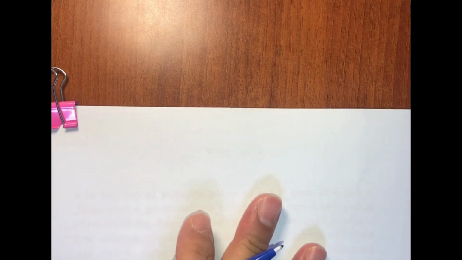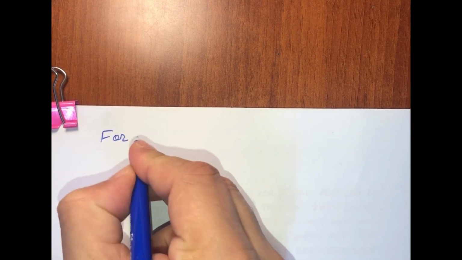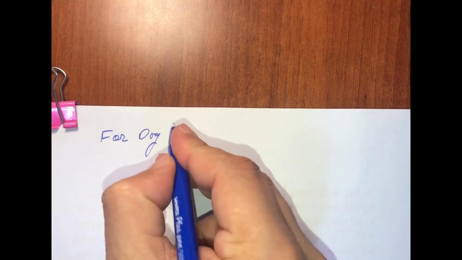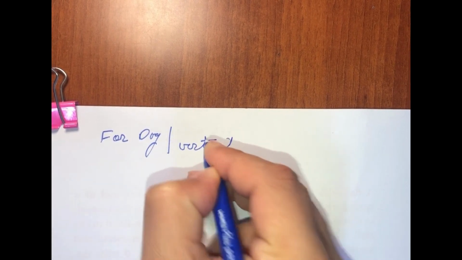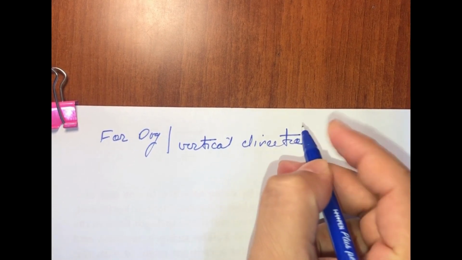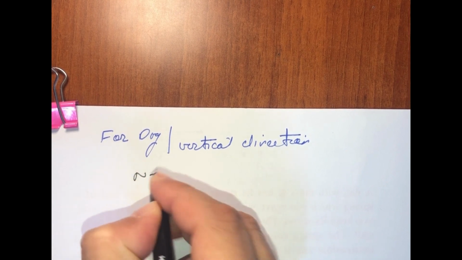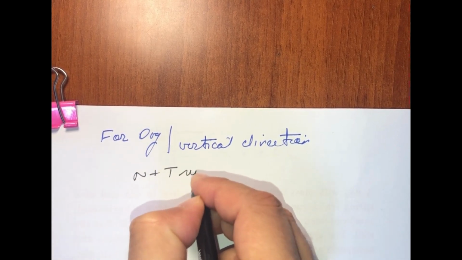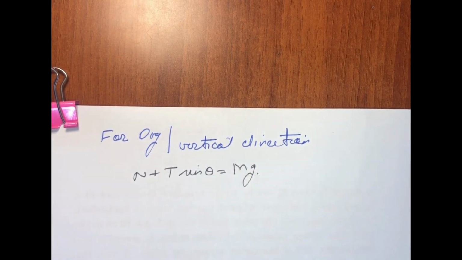And in the vertical direction, for the dog, we have n plus T sine theta equal to mg.